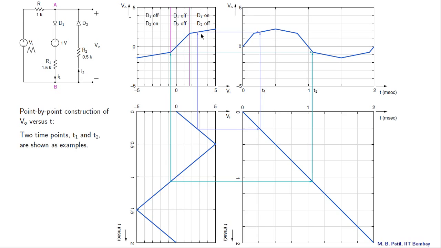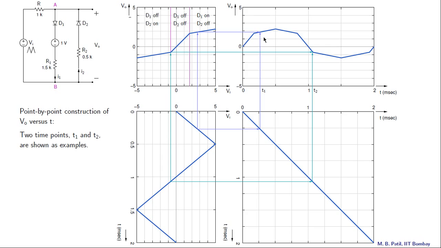So this horizontal line represents Vo equal to Vo1. As we saw earlier, this vertical line represents t equal to t1, and therefore the intersection of these two lines gives us the required point in the Vo of t graph.